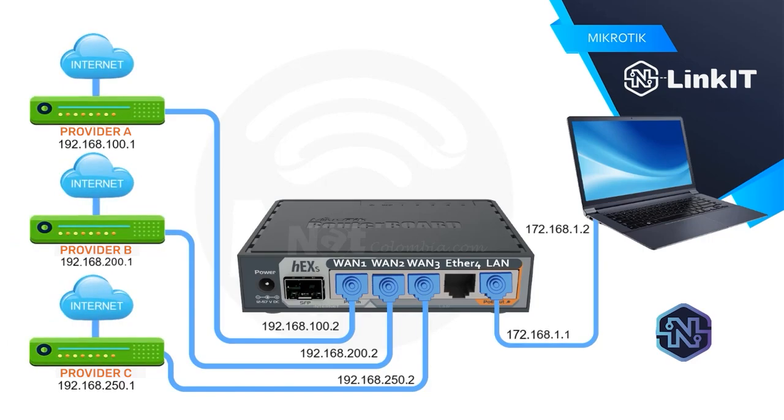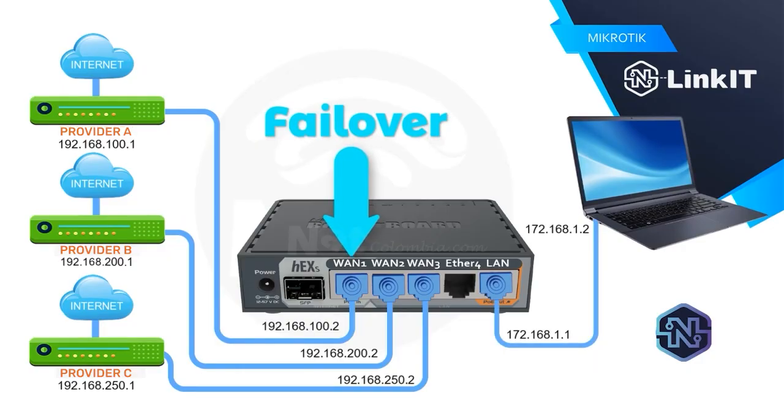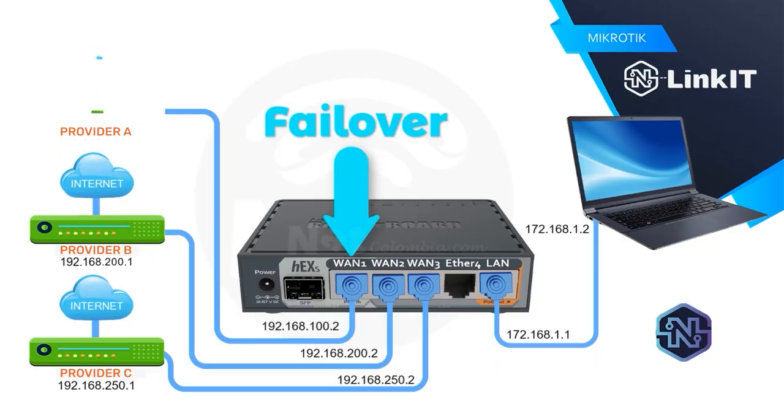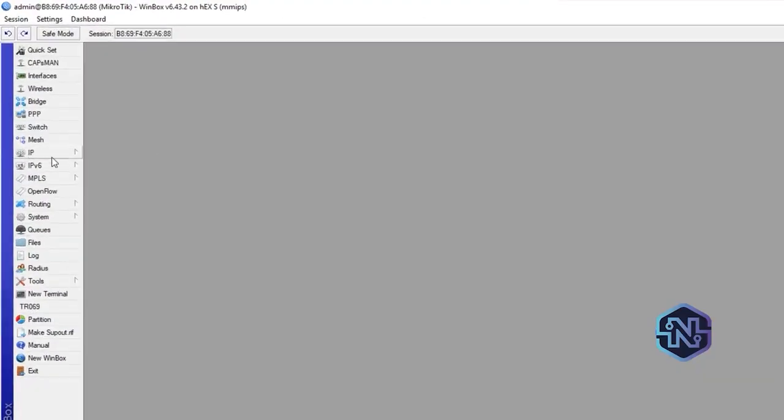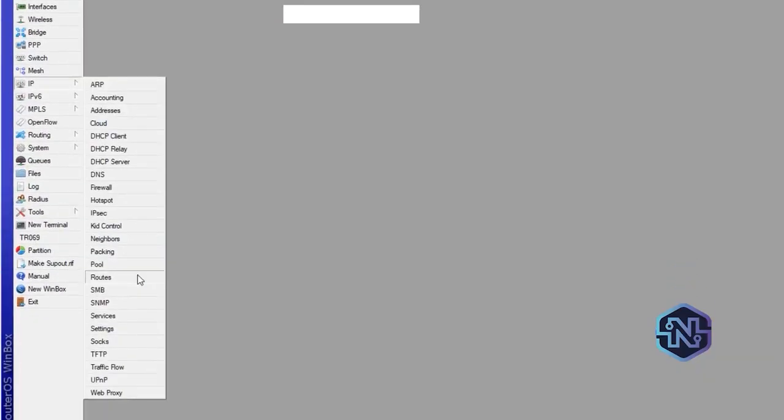Now let's test the failover theme. Currently, our PC is routed through WAN 1, which has approximately 48 megas download. What would happen if this provider A, or equivalently, the WAN had a failure? The answer to this question is found in IP routes.